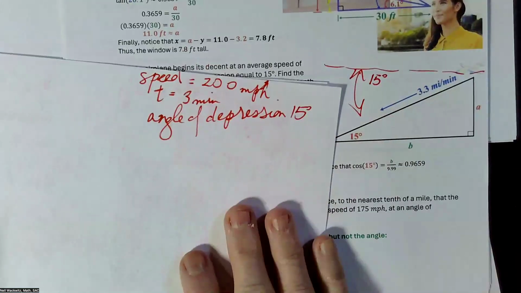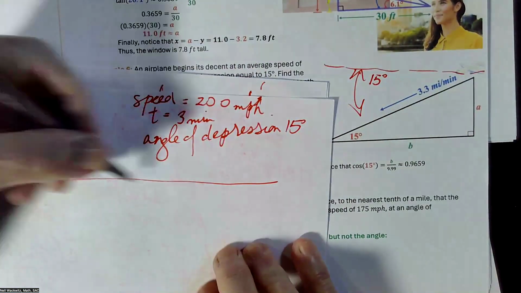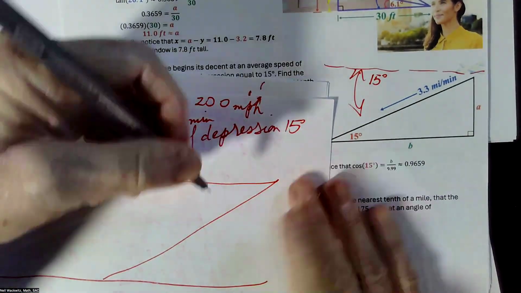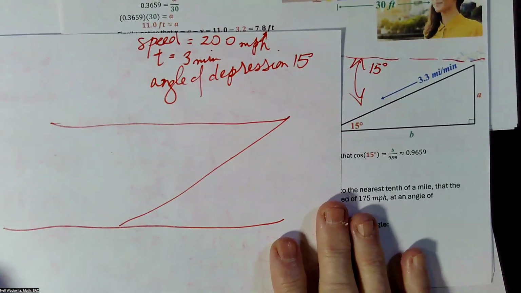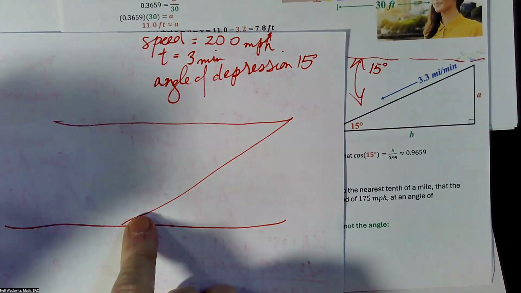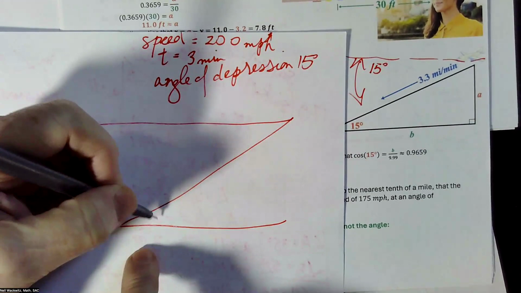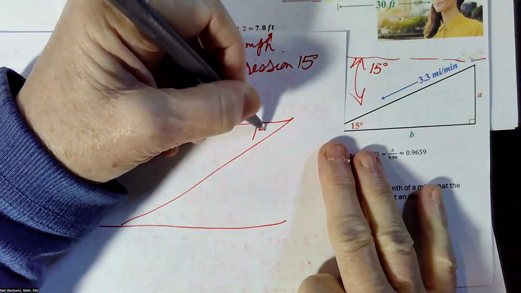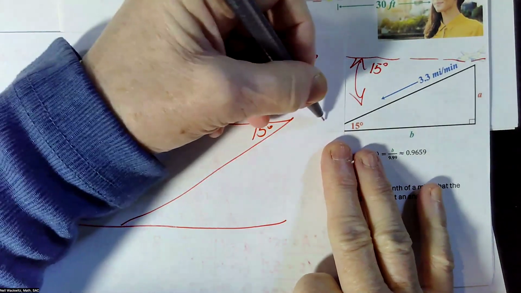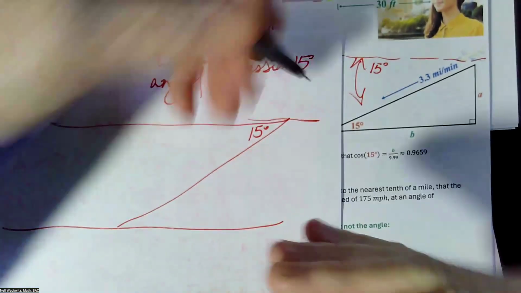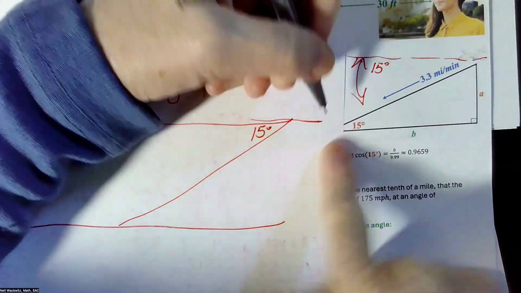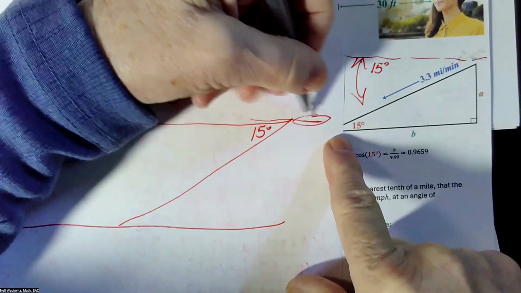Okay, so if I draw it this way, you'll see more quickly how we know this inside angle. So we're starting with 15 degrees with respect to the horizontal of the plane. So here's the plane. I can't draw planes.